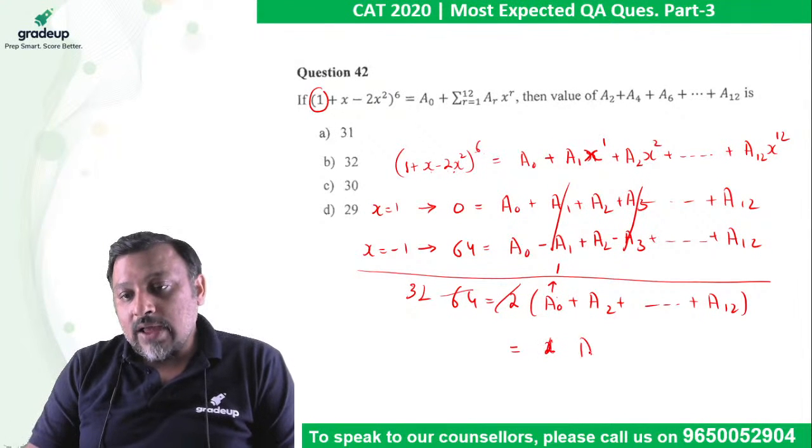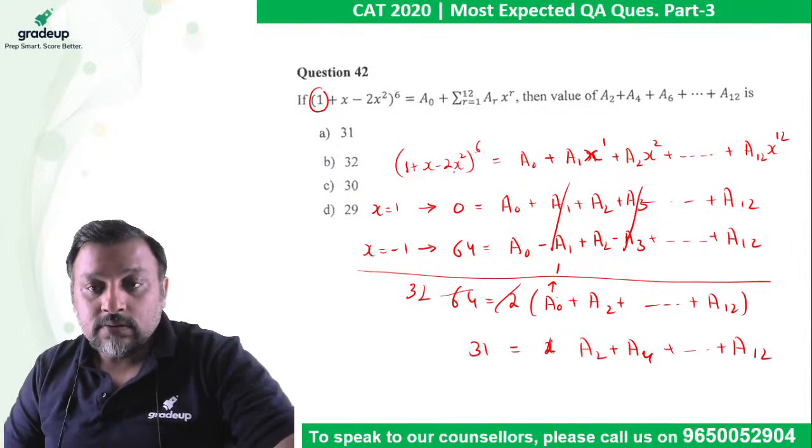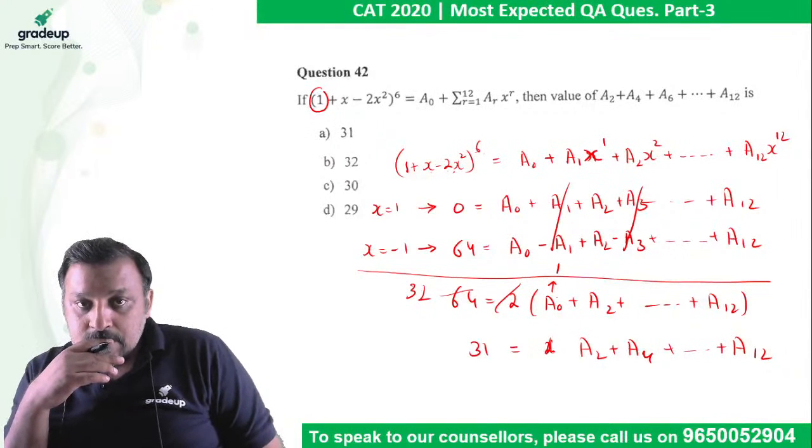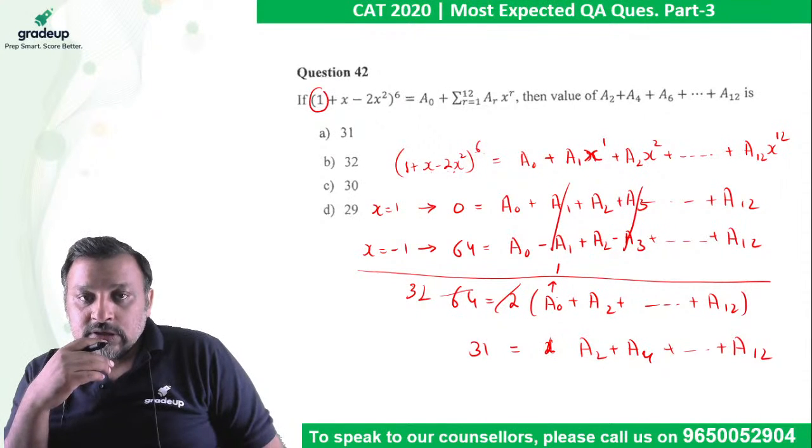So can we say the value of a2 + a4 and so on till a12 is nothing but 31. No, Priya, you will get 31, not 29. Good, Janina, it is A.